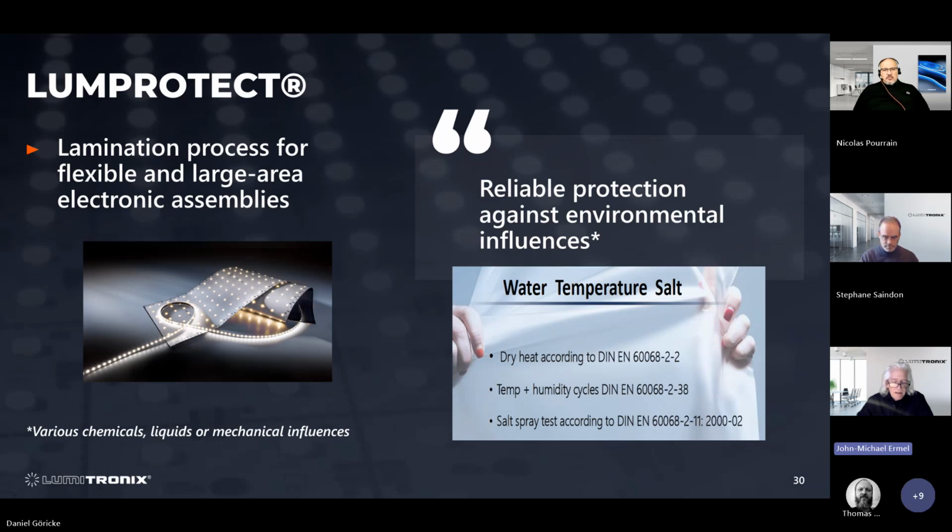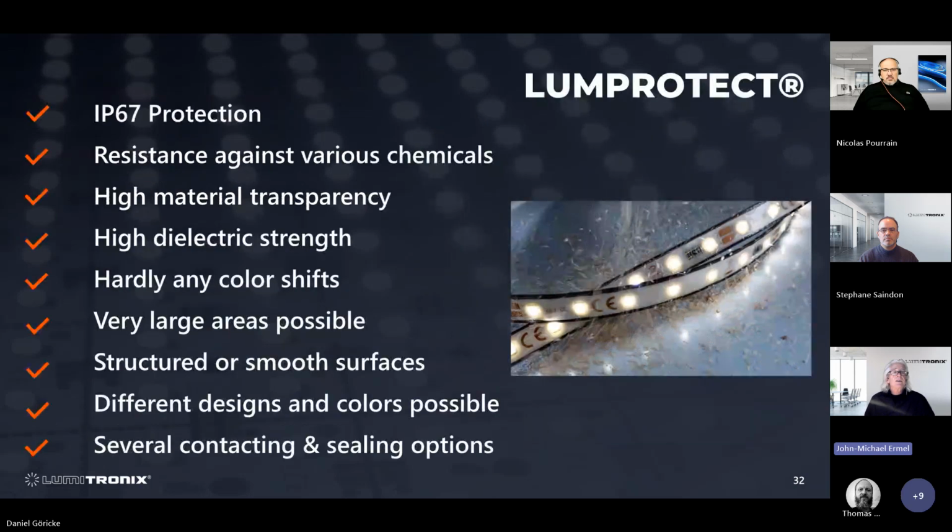Fundamentally, it's a lamination process using very high heat and high pressure to encapsulate a module or flex strip, resulting in something that works better than a typical potted or IP67 approach, giving you resistance to chemicals, liquids and mechanical influences. Let's take a quick look at those feature sets or net results.